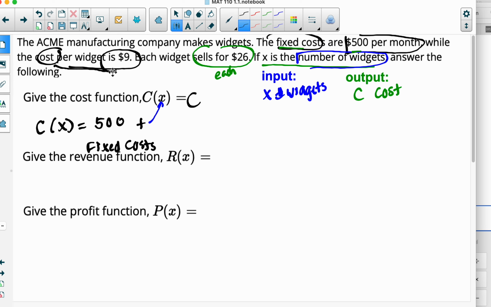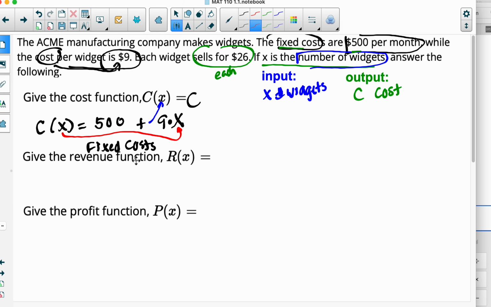Right here, the cost per widget is $9. So I have $9 times however many widgets I make. So notice that you're always going to have that variable on the right-hand side of the equal sign. That is going to then help determine how we calculate the cost function.